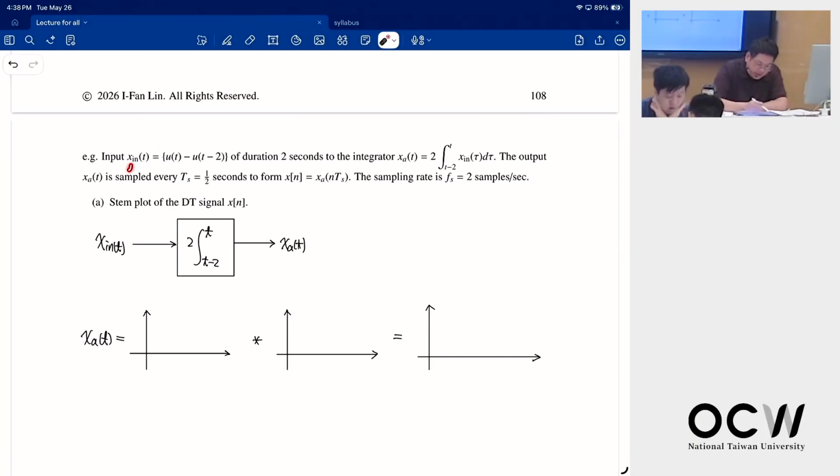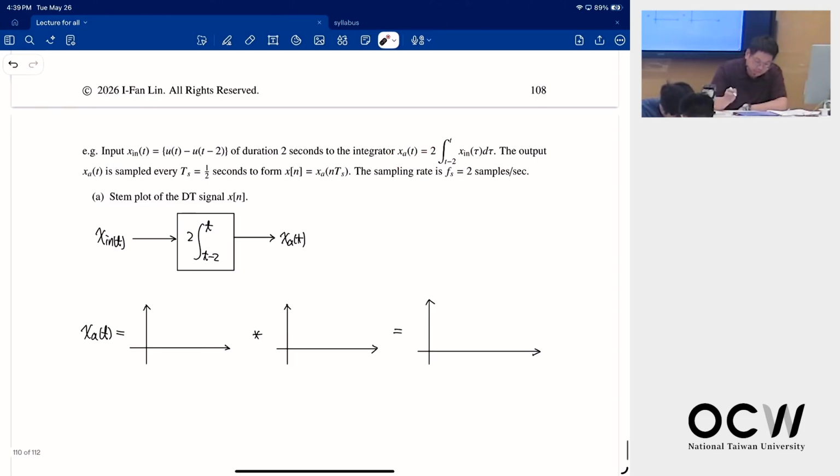I have an input with duration 2 seconds, and then I send it to the integrator, x_a, and the output x_a is sampled every 1/2 seconds. So the sampling rate is 2 samples per second.